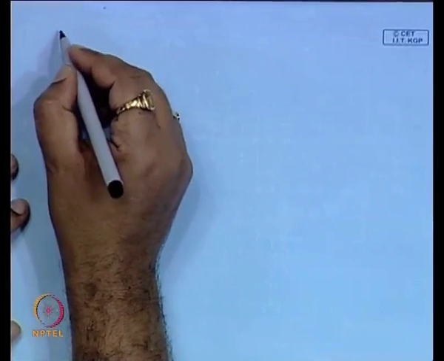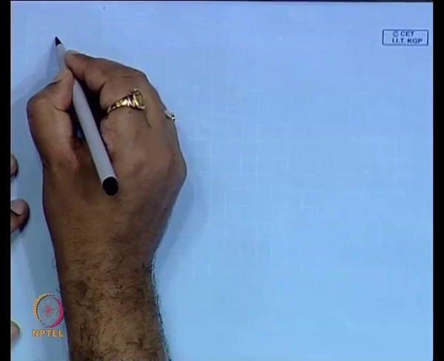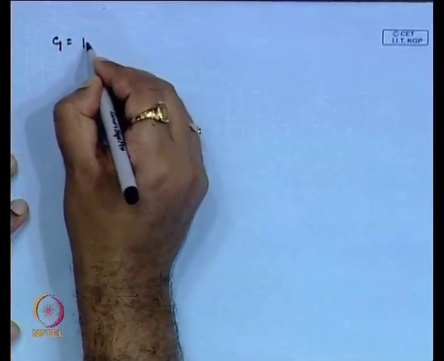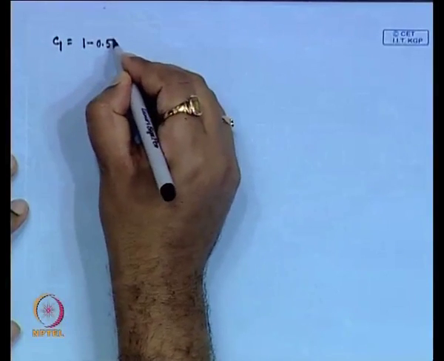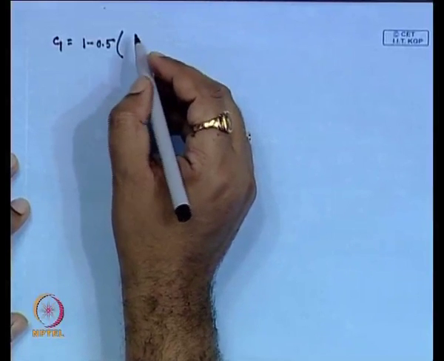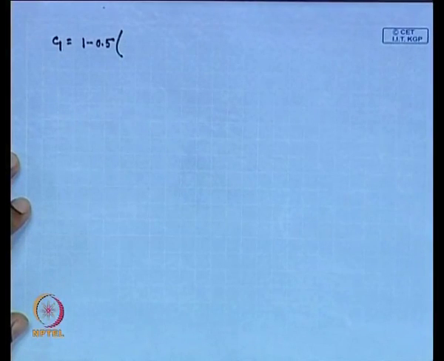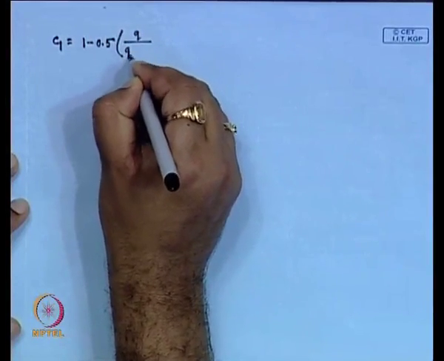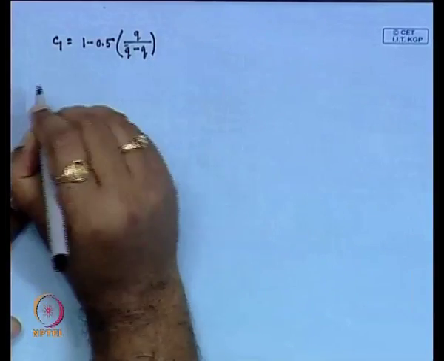Now, if I give the other properties, first you have to calculate the C 1 and C 2 values. C 1 value is 1 minus 0.5 into q by q bar minus q.